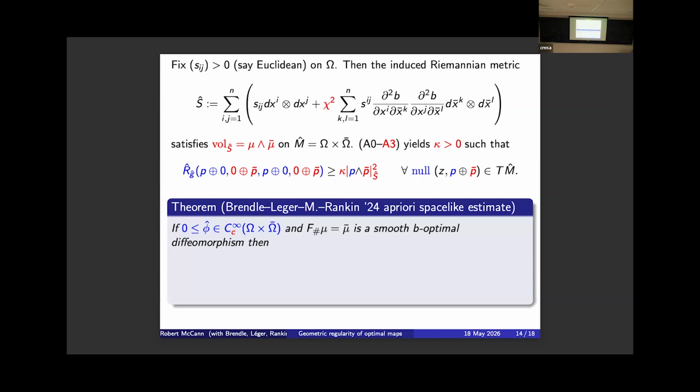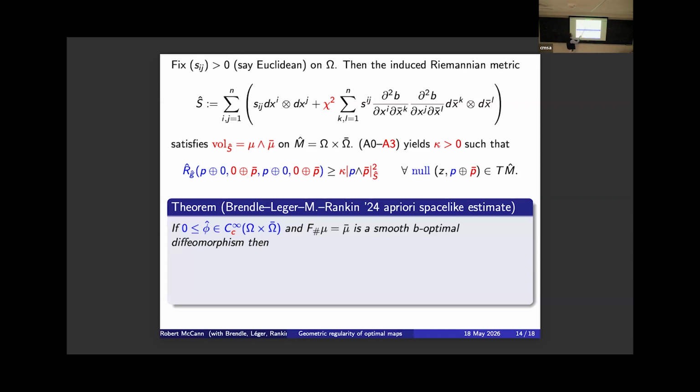On the other hand, when I want to prove that F is smooth, I need some way to measure its smoothness. So I want to introduce a positive definite metric on the domain and on the range. Let me take, for example, the Euclidean metric on the domain. And then let me use the inverse matrix in whatever coordinates I've chosen on the domain to define a metric on the range. So here's the inverse matrix.